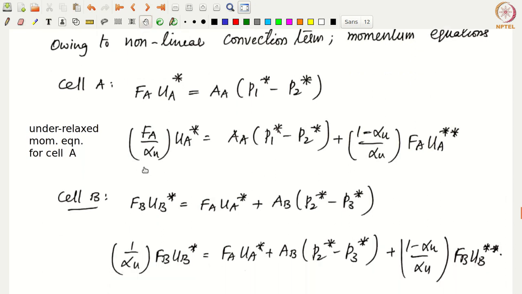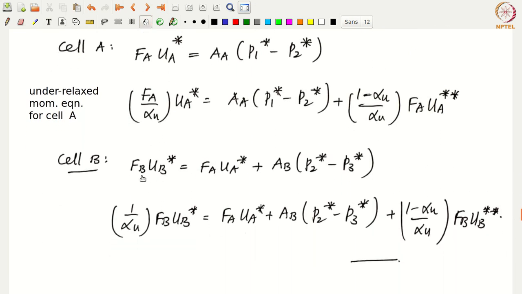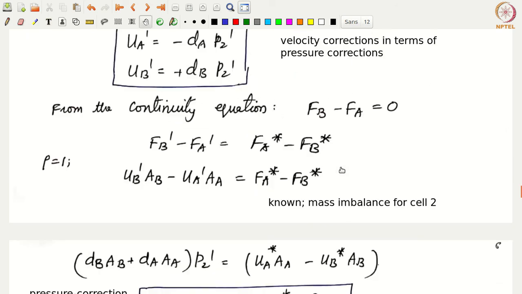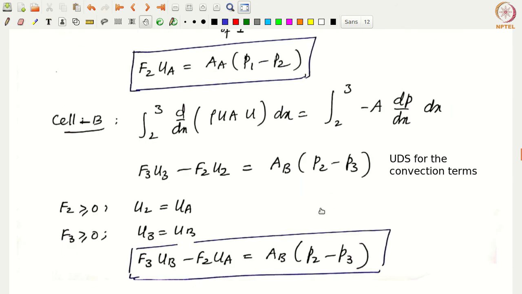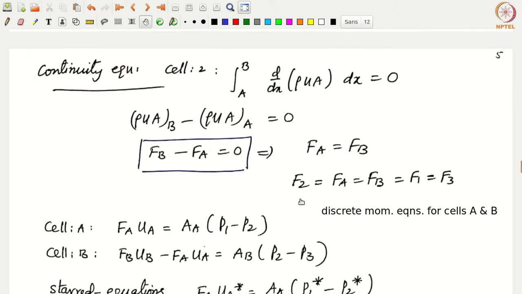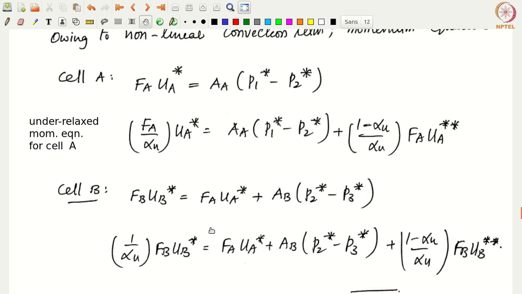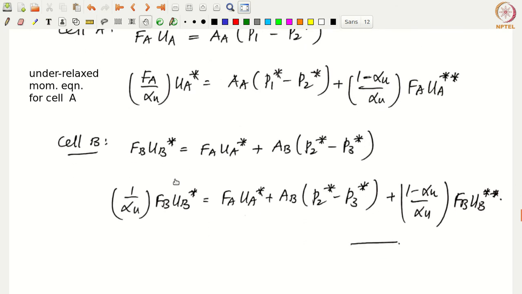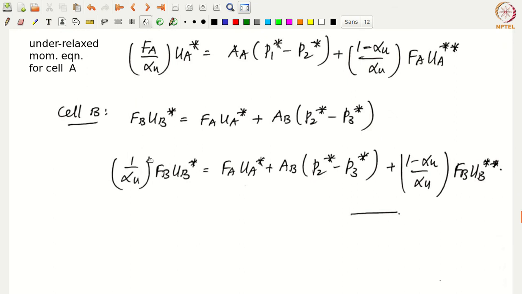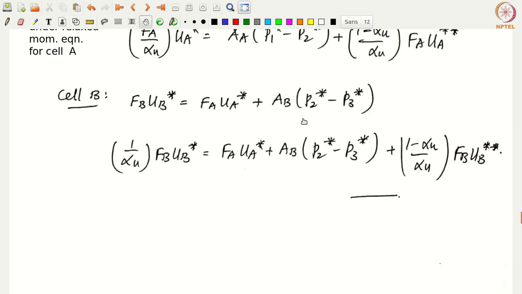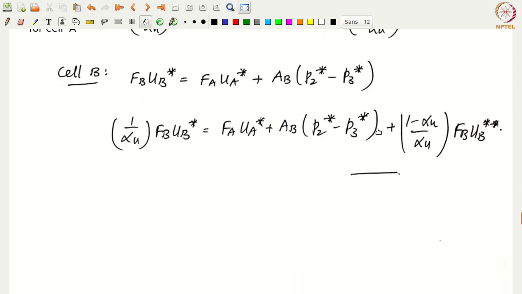Again, the momentum equation for cell B was given as FB UB star equals FA UA star plus AB times P2 minus P3 star. Remember, these are the original equations we had written. So we had these two equations, and we wrote the star equations here. Now we are trying to under relax them, and if you under relax cell B, then what you get is 1 by alpha U FB UB star equals FA UA star plus AB times P2 star minus P3 star, plus you get 1 minus alpha U by alpha U FB UB star star.